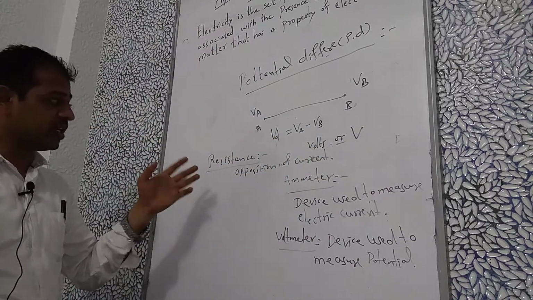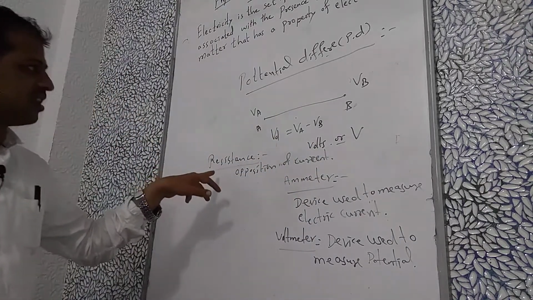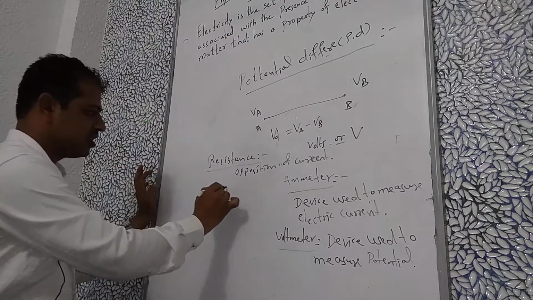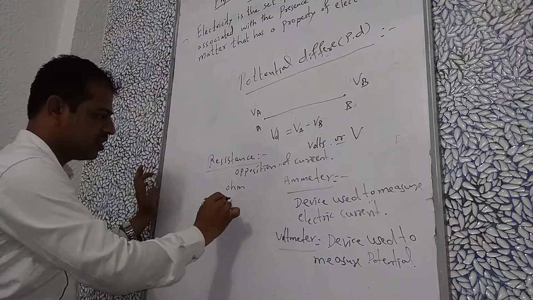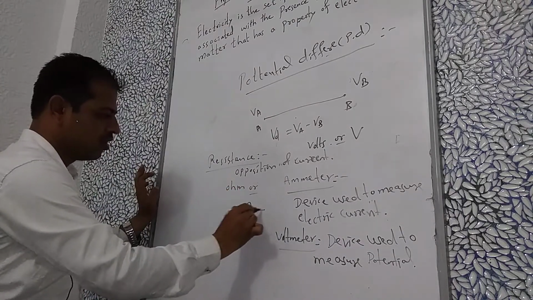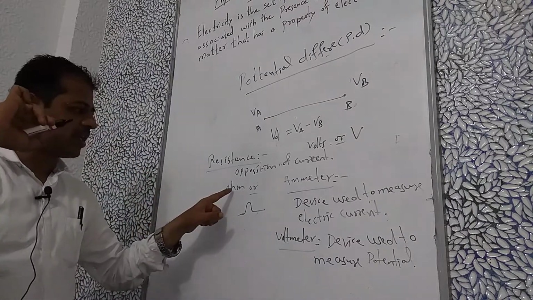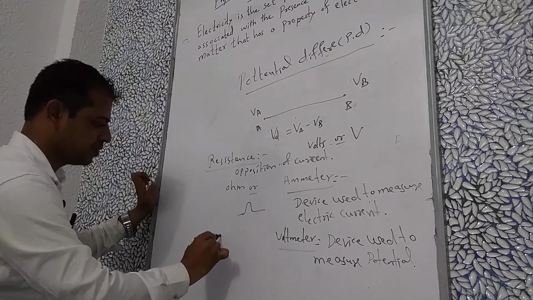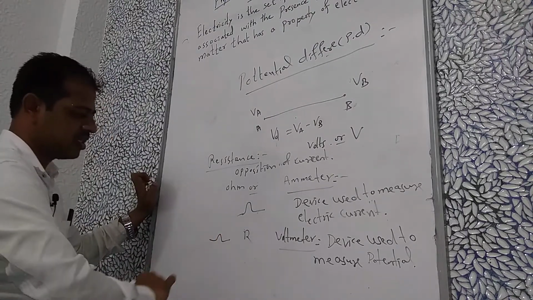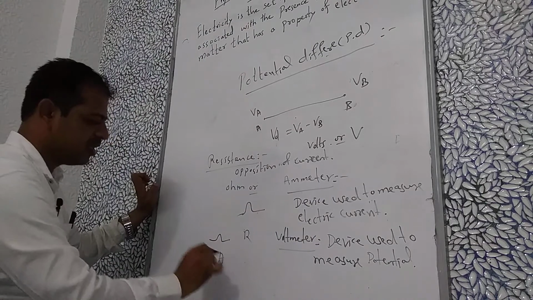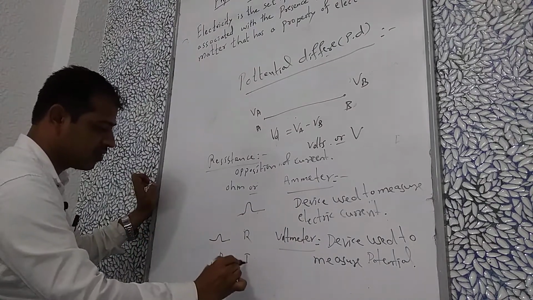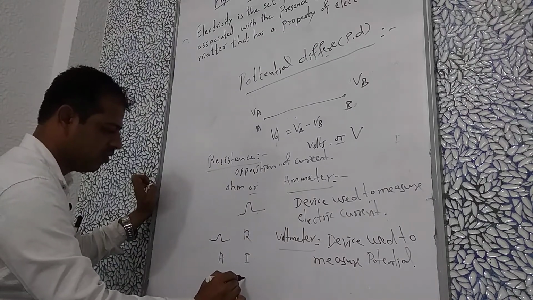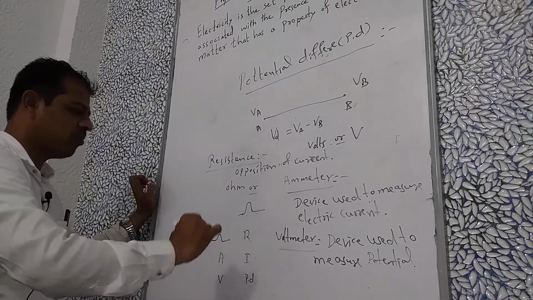If current is more, resistance of that circuit is very less. The unit of resistance is ohm. The SI unit symbols are ohm for resistance, capital A for current, and volts for potential difference or potential.